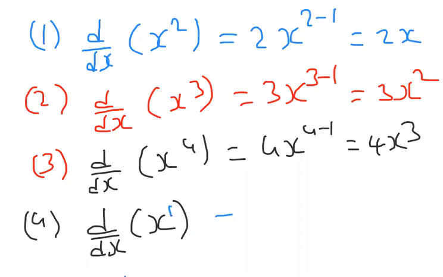So I can write it as 1 into x power 1 minus 1, which means 1 into x power 0. X power 0 is also 1, so 1 into 1 is 1. So simply d by dx of x is only 1. Fine.